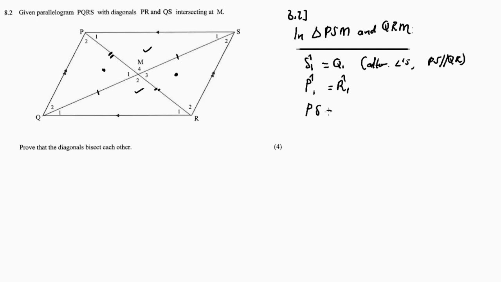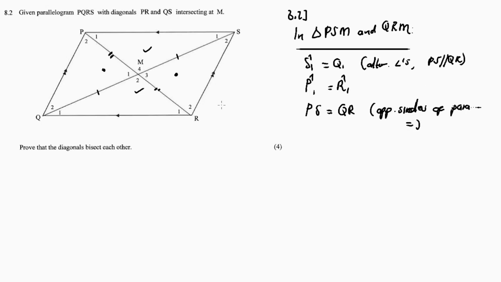We see that PS is also equal to QR, right? Which means the opposite sides of a parallelogram are equal.